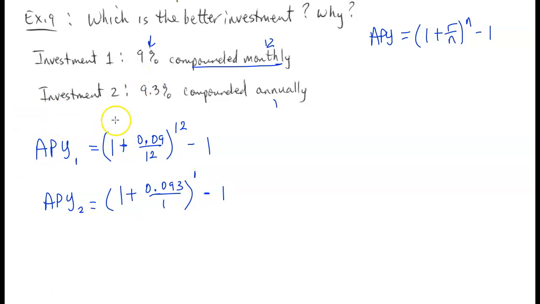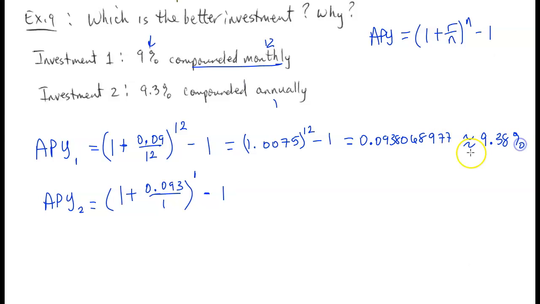So once we have these, if we put all this into our calculator, starting with the first one, we would get 1.0075 all raised to the 12, and then minus 1, and this would end up being 0.0938068977, and that's roughly about 9.38%.